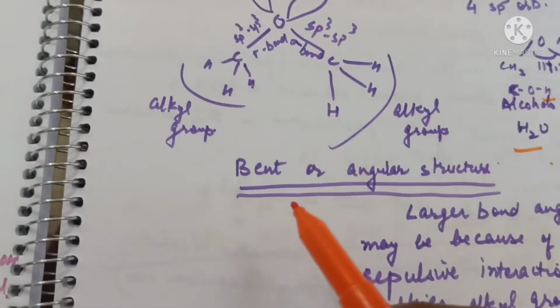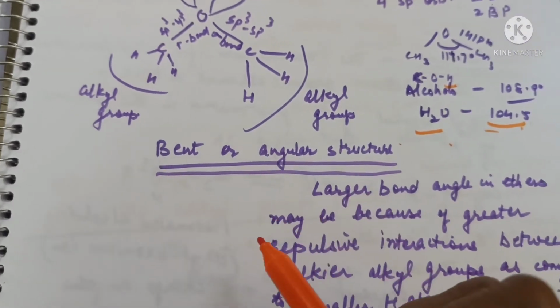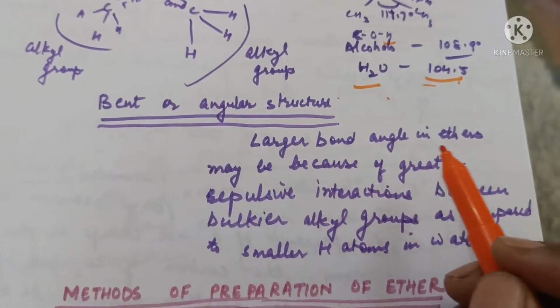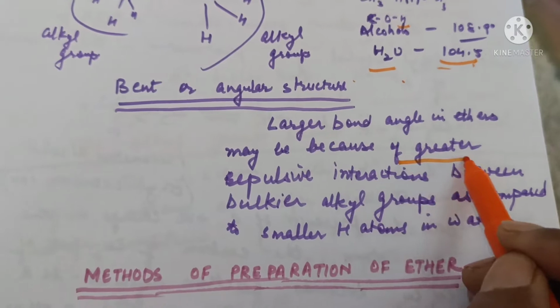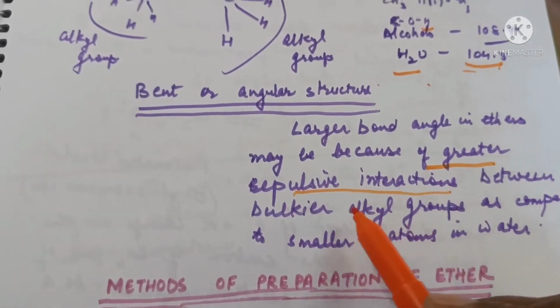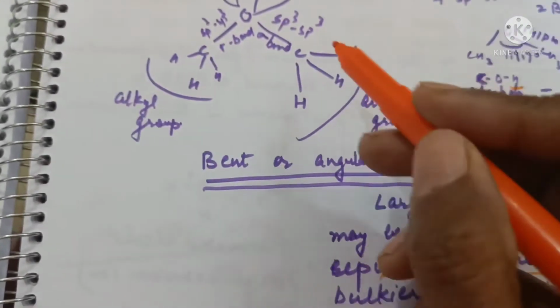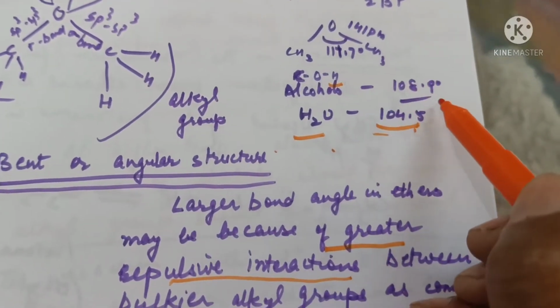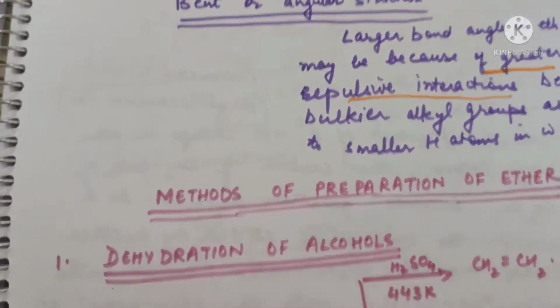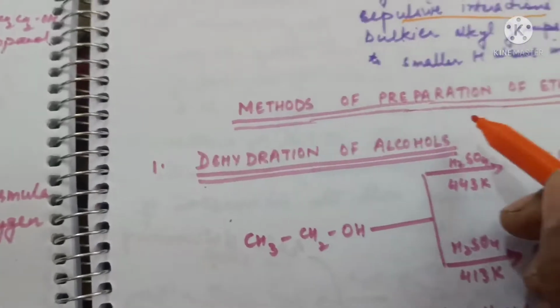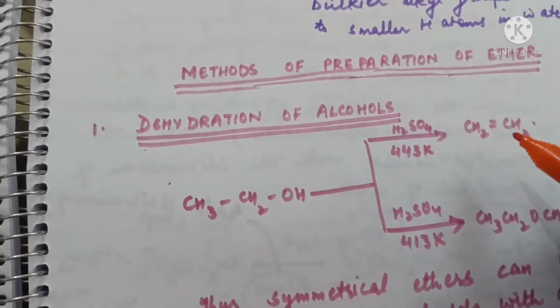So ethers have a bent or angular structure. The larger bond angle is because of greater repulsive interactions between bulkier alkyl groups as compared to the small hydrogen atom in water or alcohol.